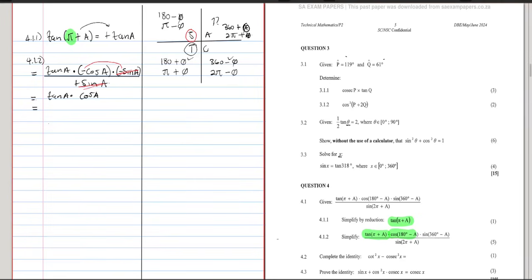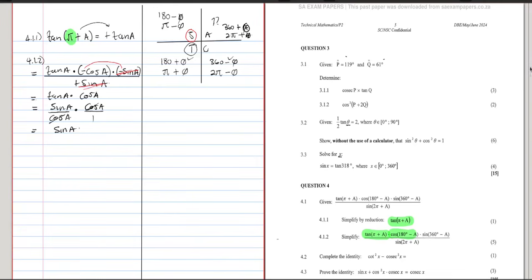And we need to convert the tan, right? The tan is an identity. We can change this to sine a over cos a multiplied by cos a over 1. This cancels out. I'm now left with only sine a.